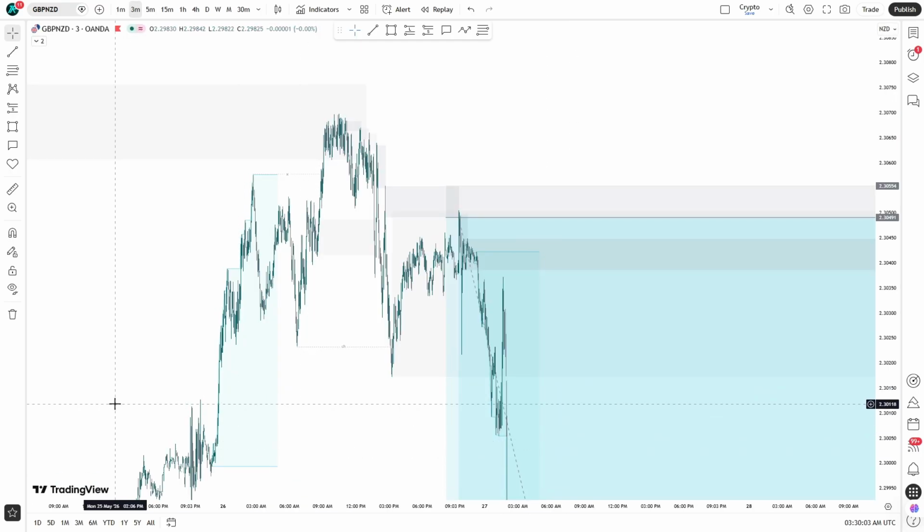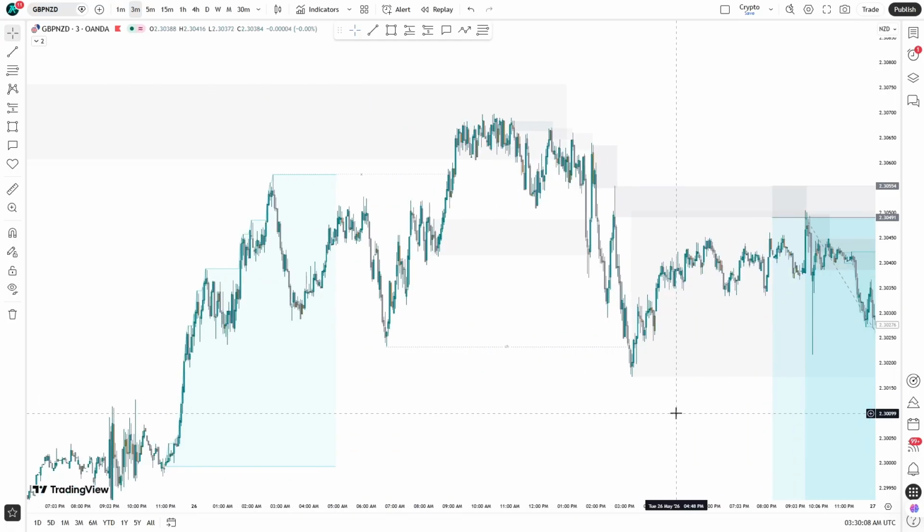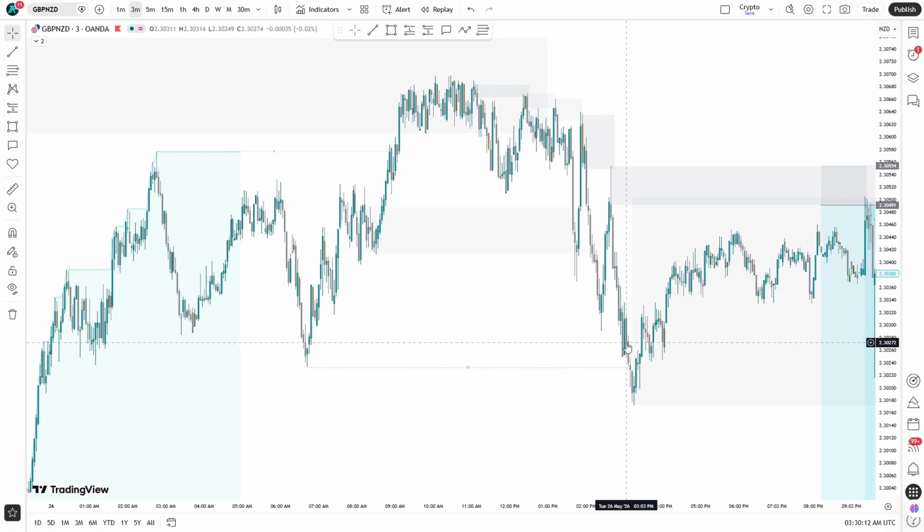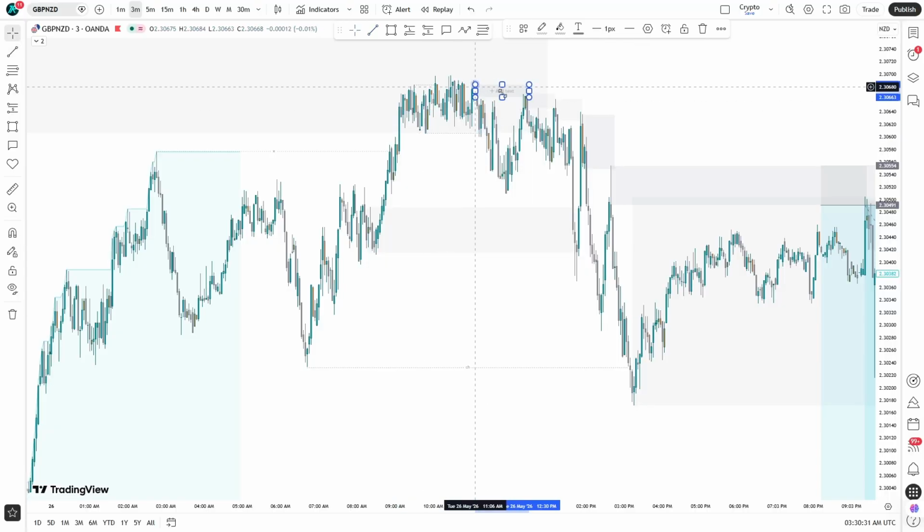So this is our 3 minutes time frame. As you can see on the chart, the specific point of interest is not visible yet. So we will say something about what happened here. We had a little change of character here in the market. Then after this change of character, we mitigated a supply zone, which is this.